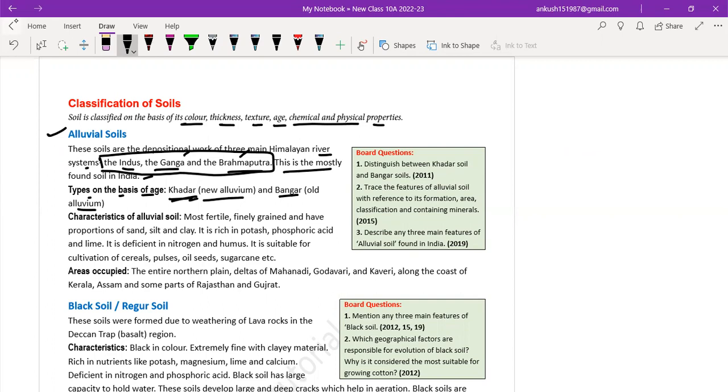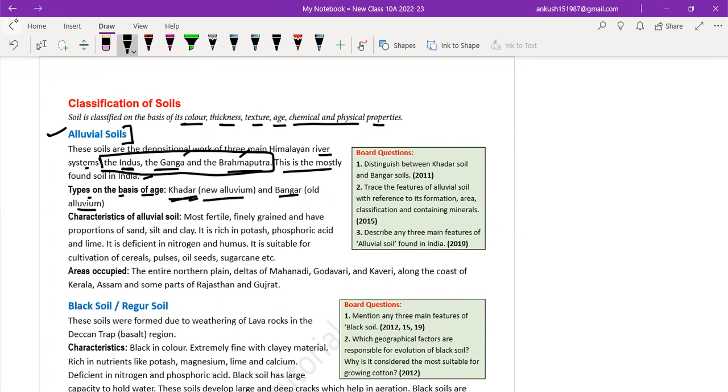Actually, these are the biggest river systems in India, as Ganga is the biggest one, and alluvial soil is nothing but the depositional work of these rivers.